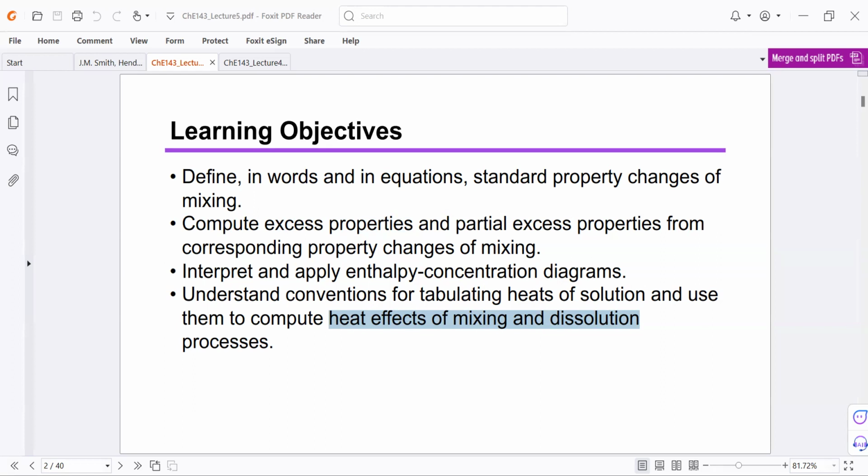But why is it important? It's because it has various applications, such as in chemical reactions, phase equilibria, and separation processes. So it's important to study mixing processes in order to understand the mentioned applications. Okay, so moving on.